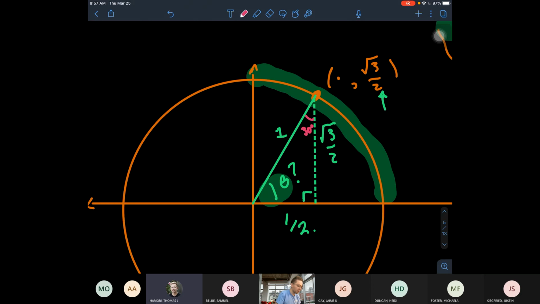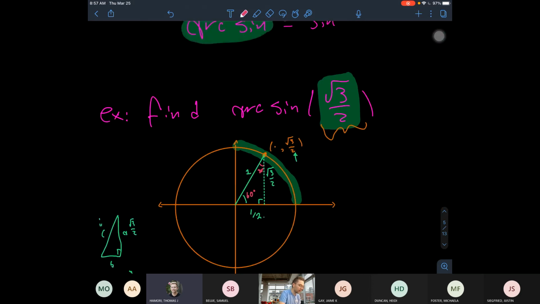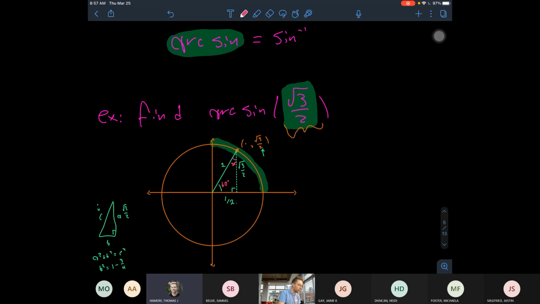And we know the one on the bottom is 90. So by the fact that angles in a triangle have to add up to 180, this one should be 60 degrees. So our answer for arc sine of square root 3 over 2 should be 60 degrees or pi over 3 radians, however you want to say it.